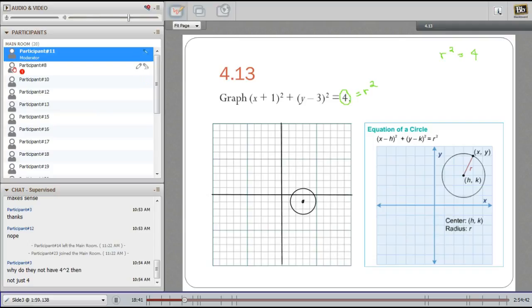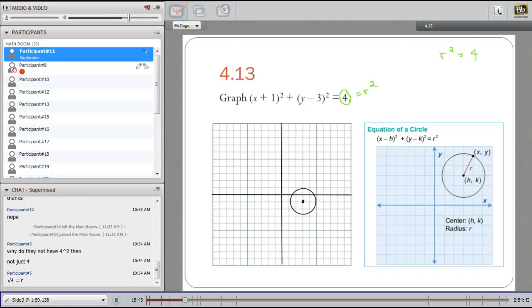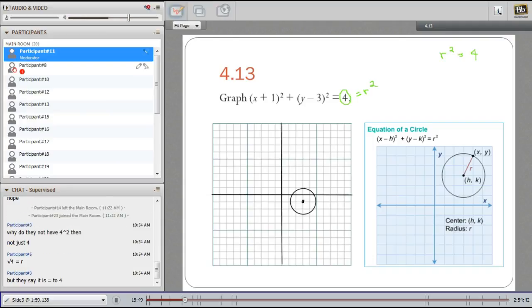What they did is they didn't write it as r squared because they went ahead and simplified. They already did the squaring part of it. Let me finish it, Tristan, and you'll see. I know your brain sort of stuck there. So what you're going to do is square root, and then you're going to find out that r is 2.